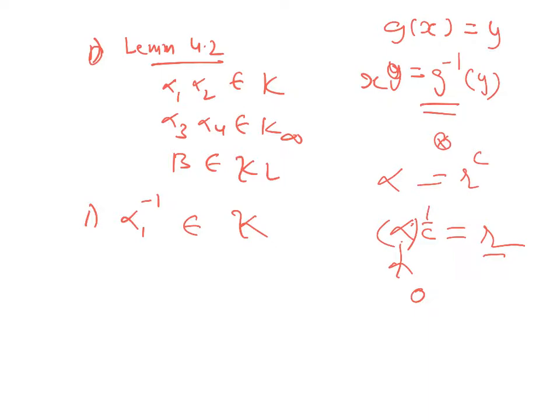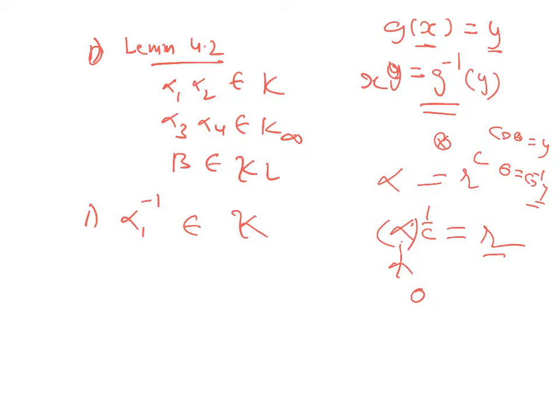So it is a class K function. Don't confuse alpha inverse with the arithmetic inverse. It's the inverse mapping: I know y, give me x, and that will be g inverse of y. For example, cos theta equals y; then theta equals cos inverse y.